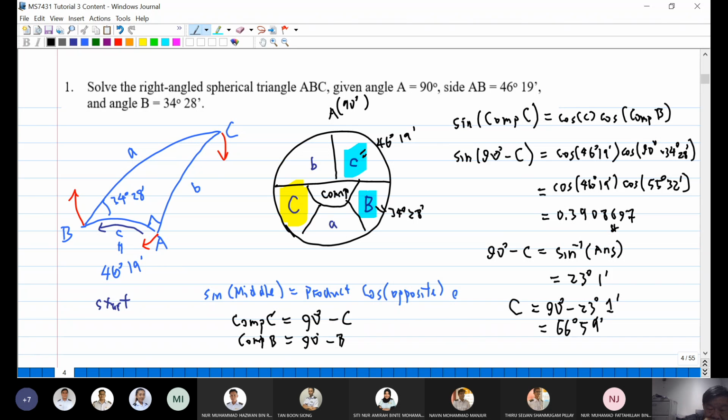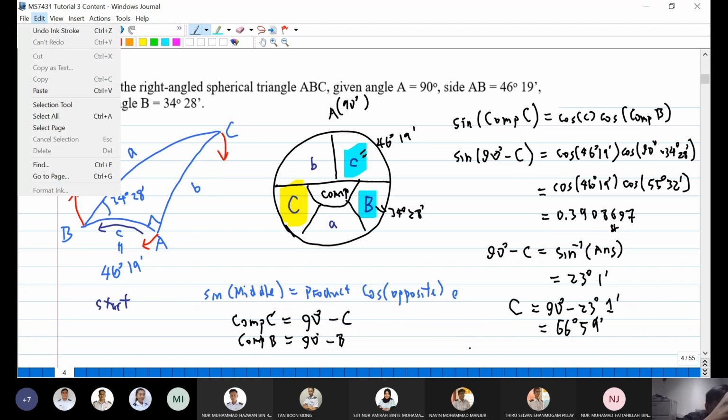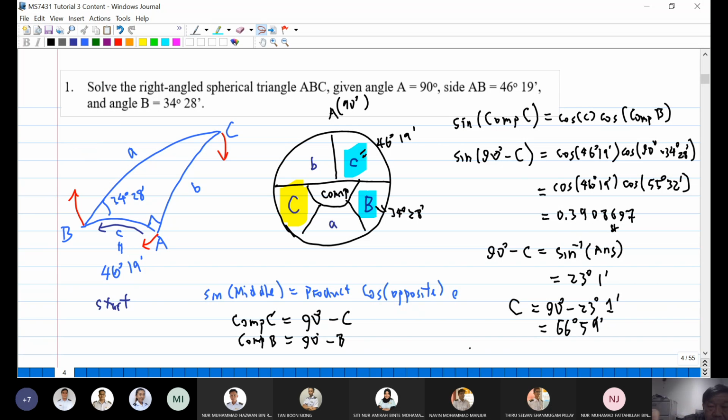Let me talk about some Napier rule again. So I'm going to copy this. I want to talk about this so that you can make the calculation easier.